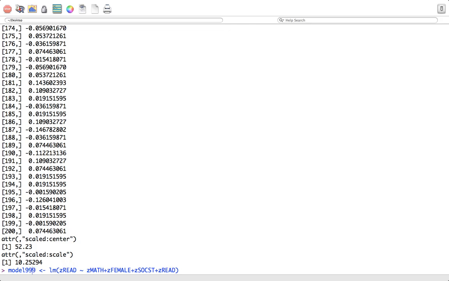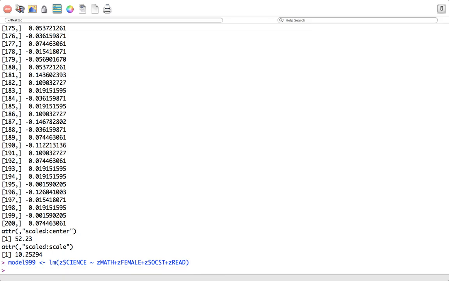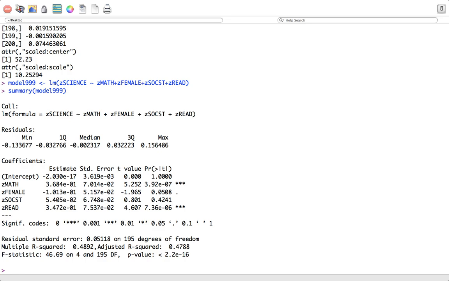See, that's where in a classroom people would catch that. So let's call this model 9999. And instead of Z read, we want Z science. And much better. All right, gang. Sorry. First mistake ever. And here we get our estimates.